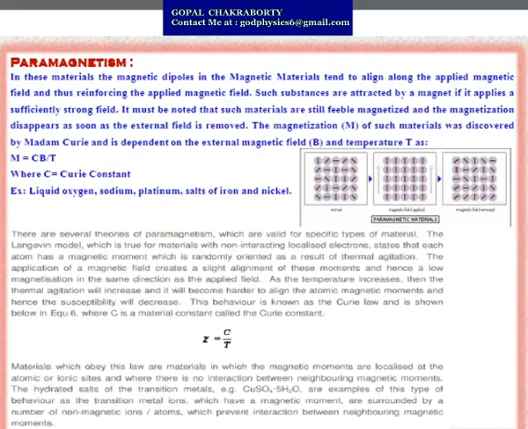Now the second point is paramagnetism. In these materials, the magnetic dipoles tend to align along the applied magnetic field and thus reinforce the applied magnetic field. Such substances are attracted by a magnet if it applies a sufficiently strong field.